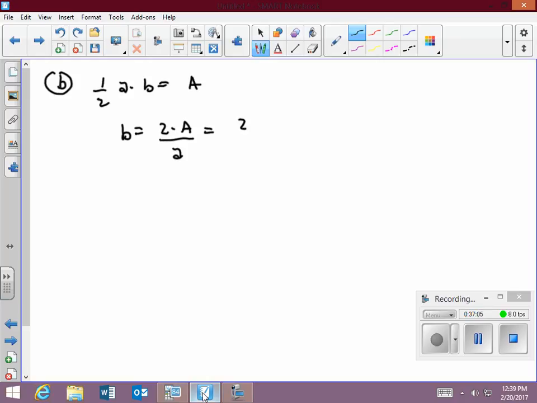So it's going to be 2 times 78.23 over 10.55. And then C, that'll be B. So then C is going to be the square root of A squared plus B squared, right?